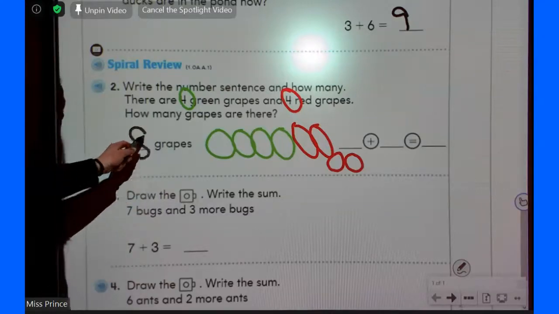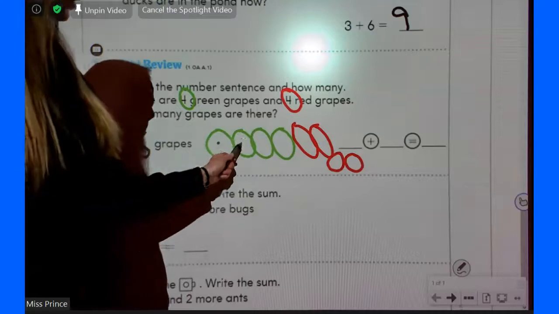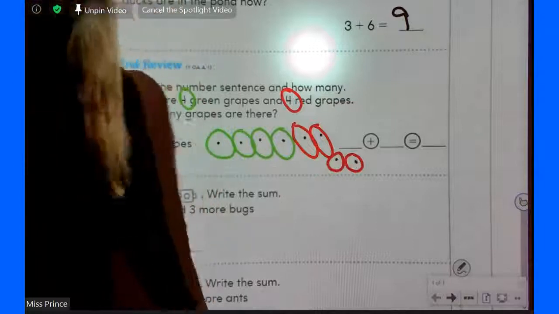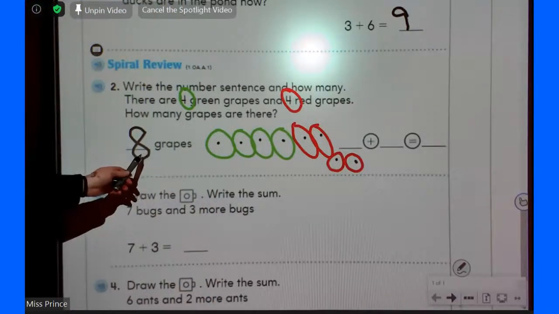She says 8. Let's count and make sure. 1, 2, 3, 4, 5, 6, 7, 8. Nice job. 8 grapes altogether.